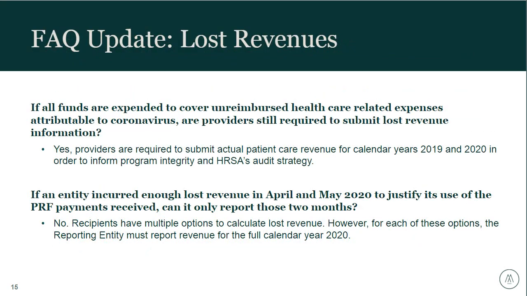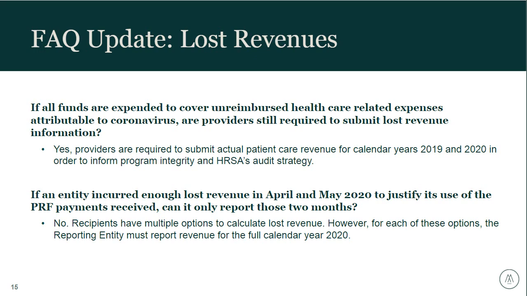And then the other section, of course, that is the contemplation for thinking about reporting has to do with the lost revenue calculation. And this is a really common question that we get: we have more than enough unreimbursed expenses to fully utilize the PRF funds that we received.